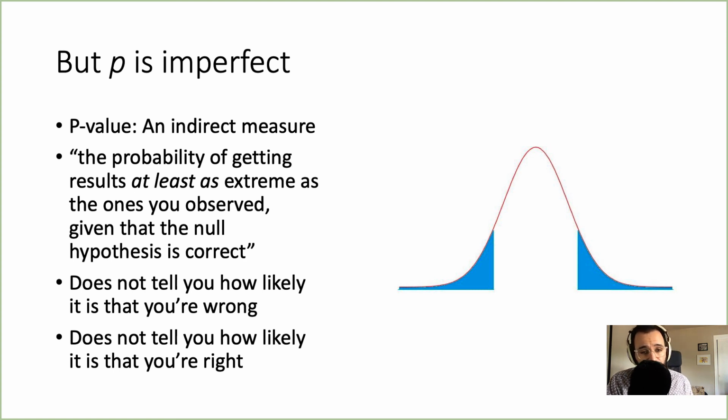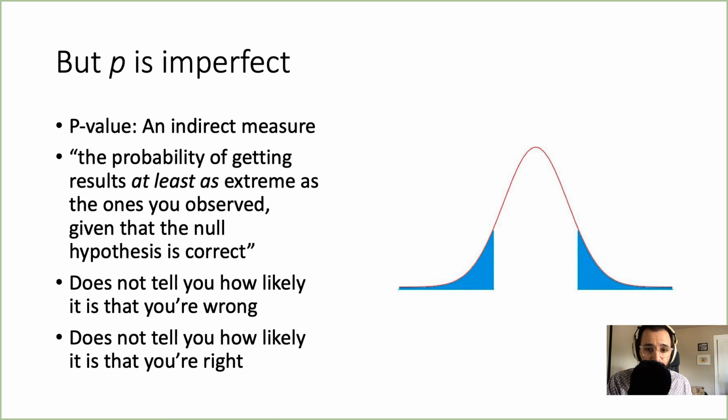So it's imagining an alternative world where we know the null hypothesis is true and telling you how likely it is that you got differences between your means at least as extreme as the ones you actually did. So it's a long, complicated, probabilistic situation.